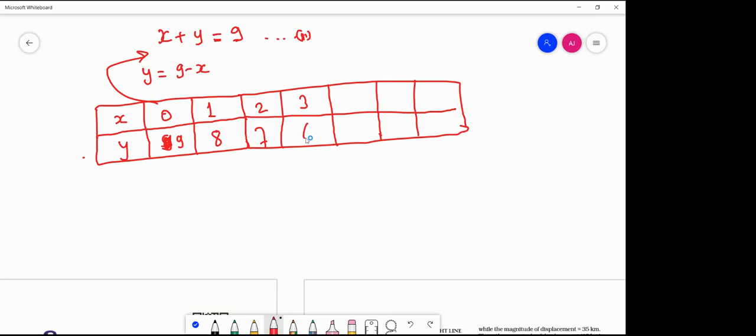Whatever values are there, they will satisfy the equation. So these pairs of values, (0, 9), (1, 8), (2, 7), (3, 6), (4, 5), (5, 4), are called solutions of the equation. Those values of the variables for which the equation is satisfied are called a solution of the equation.